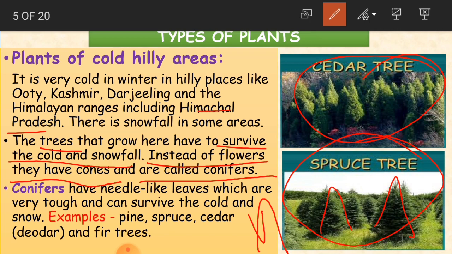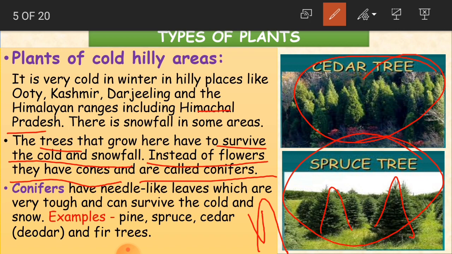Conifers have needle-like leaves which are very tough and can survive the cold and snow. The leaves of these trees are like needles. You have an idea of a needle, very sharp and thin. This type of leaves are very tough, very strong, and they can survive the coldness and snow in the weather.